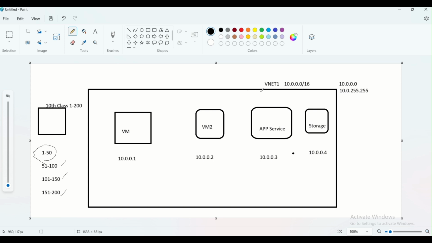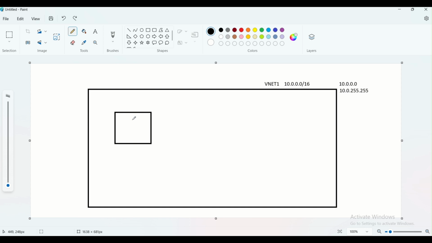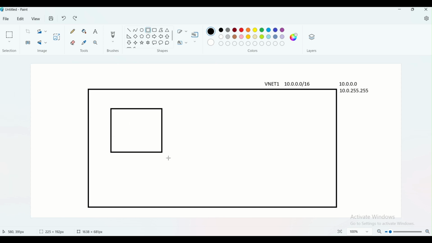So similarly here, we'll go back to the same. Instead of creating the resources directly in the VNet, the same VNet I further split into multiple subnets.